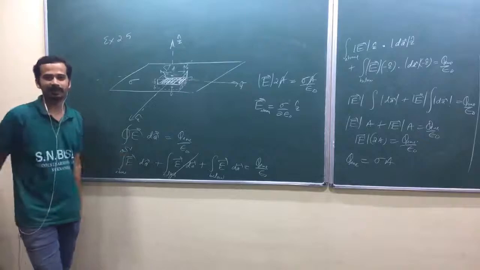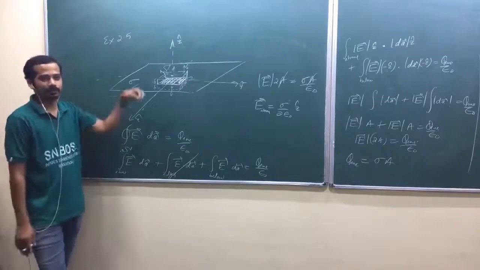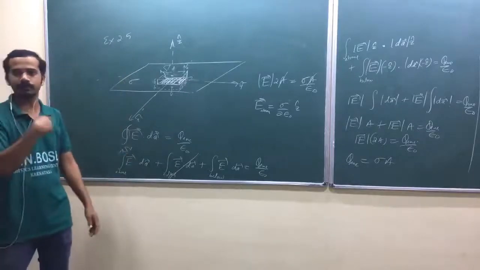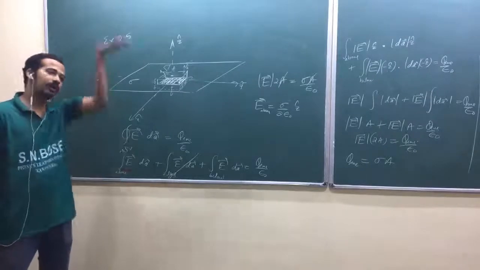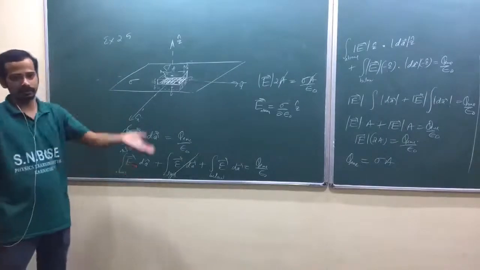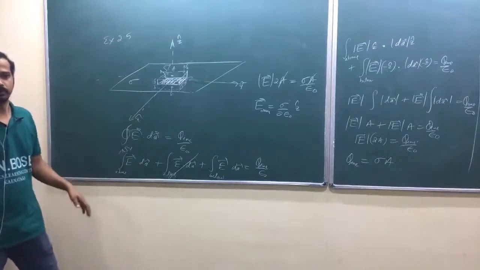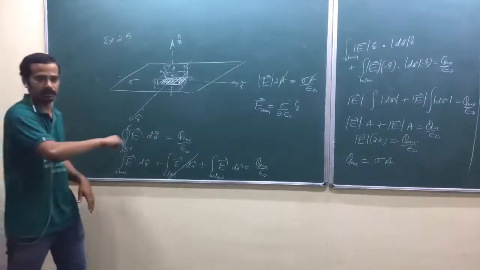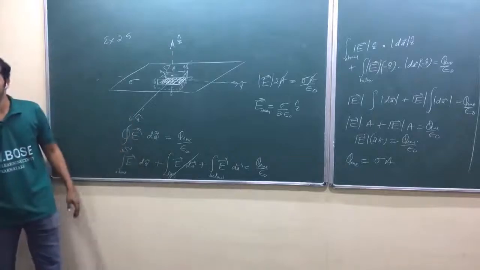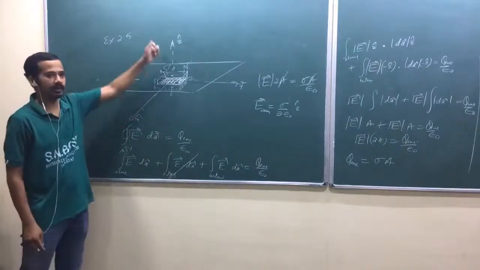Even though it is infinite, we can't say whether it is circular or not. But when you see the infinite plane, you will feel that it is circular. Am I right? When you move away and away, suppose you are moving above with a helicopter, then more and more region of the earth will come into your field of view, isn't it? The same thing will happen when you move away.